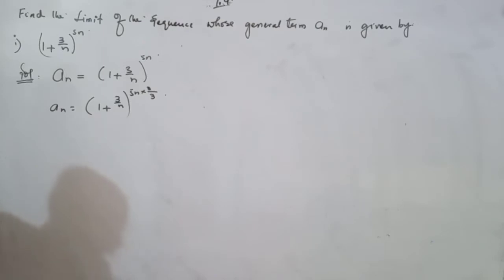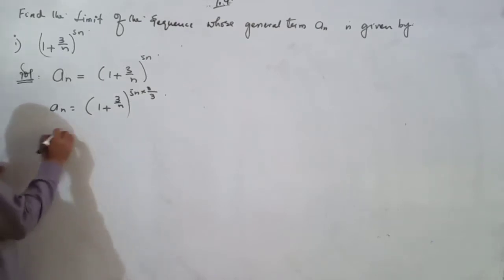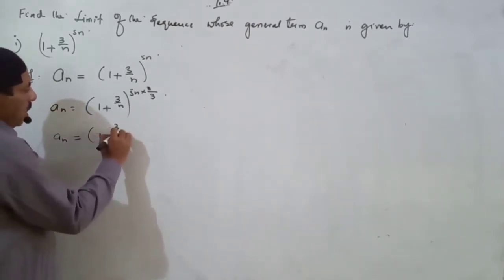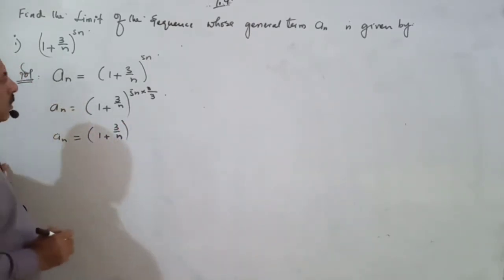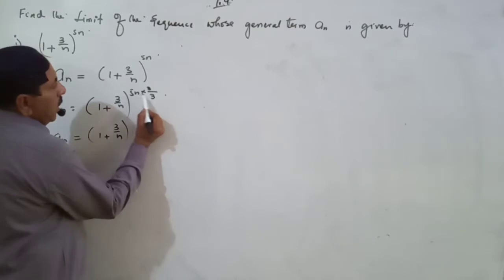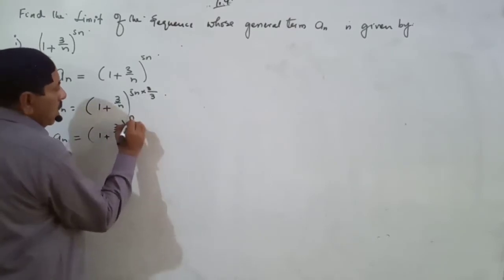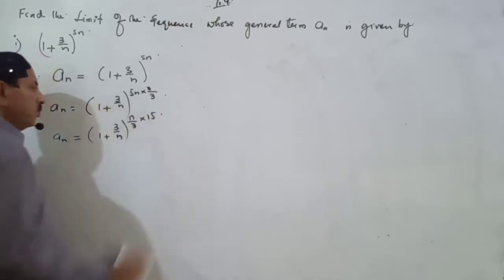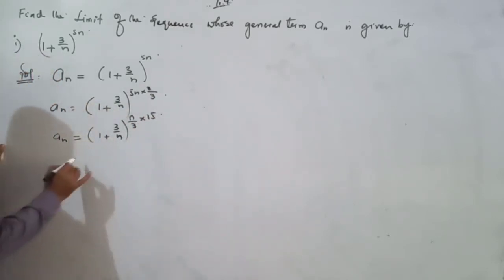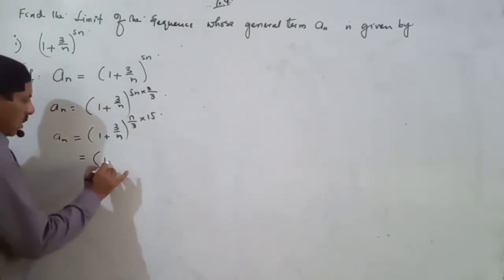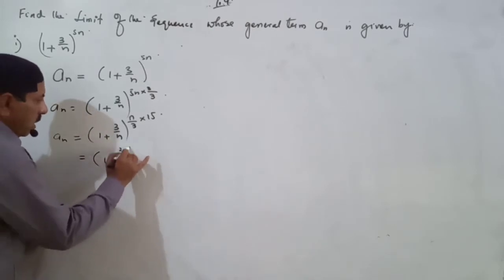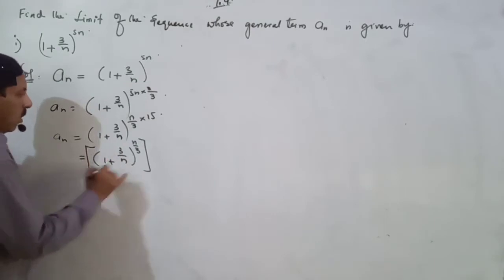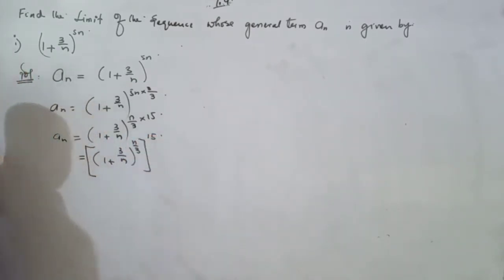So you can write this as a n is equal to (1 plus 3 upon n) upon 3, 5 into 3 is 15. So this will be (1 plus 3 upon n upon 3) whole power 15.